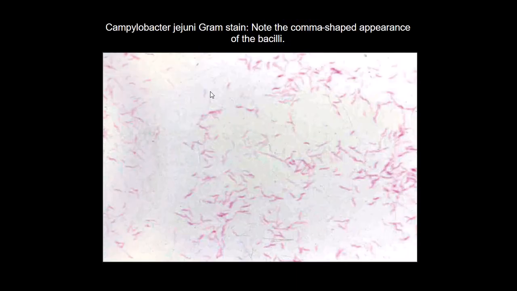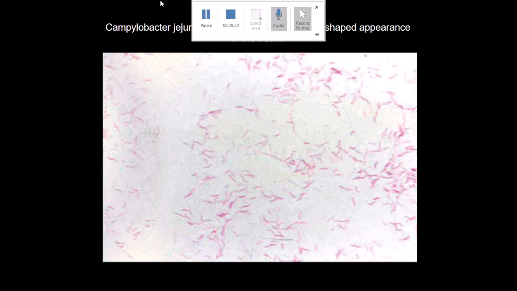So the other pathogens then, like Campylobacter. Campylobacter looks like comma-shaped cells by Gram stain. So it is so important to look for those as Gram-negative comma-shaped bacteria when you isolate those from the selective medium.